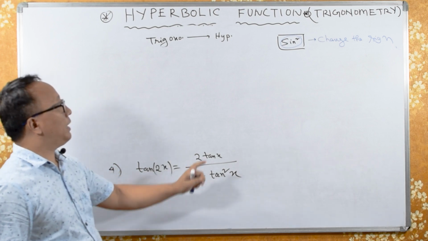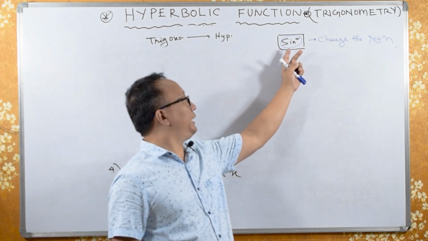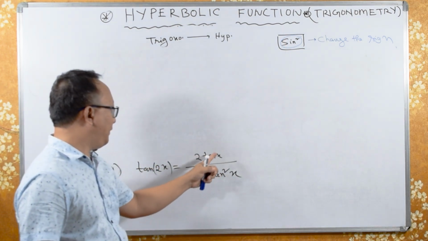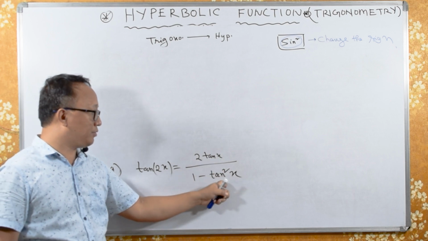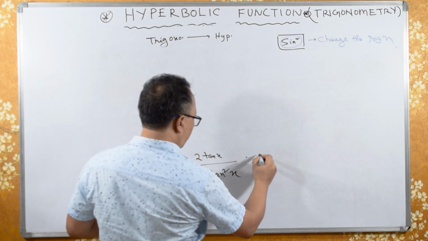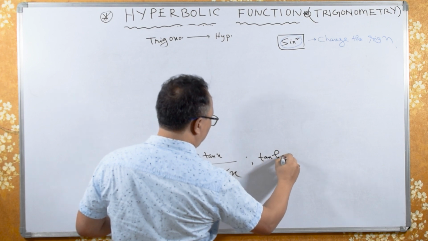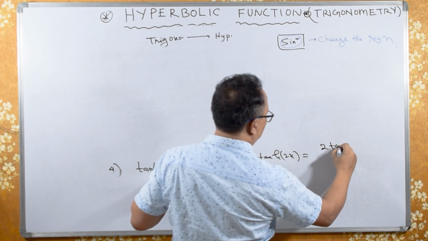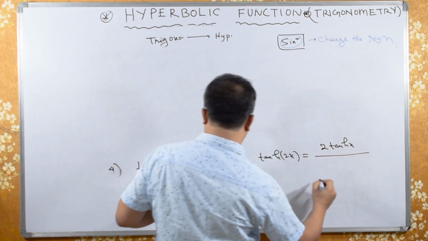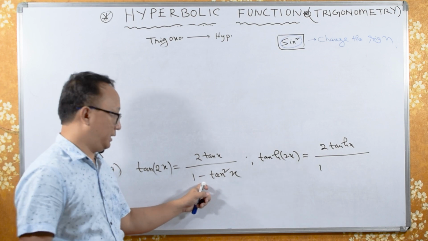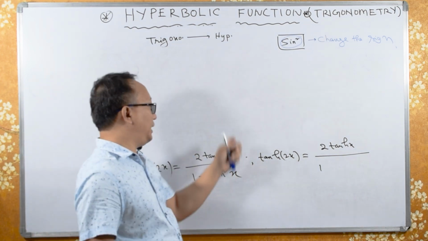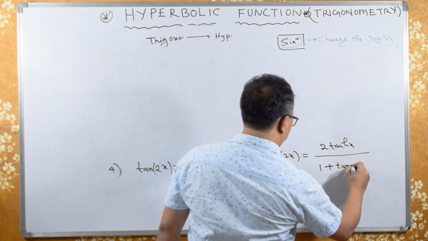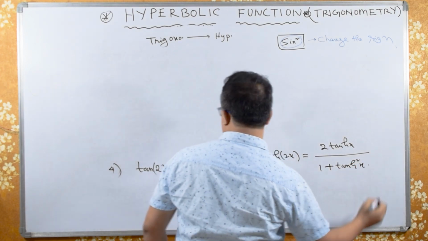Now keep in mind, we'll change the sign only where it involves sine square x. Here it doesn't have any square over here, so we have to change over here. Therefore, tan hyperbolic 2x equals 2 tan hyperbolic x upon 1, minus will come as plus over here, because it involves sine square here, 1 plus tan hyperbolic square x.